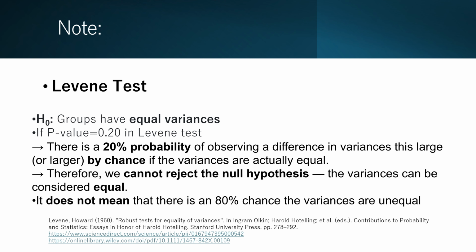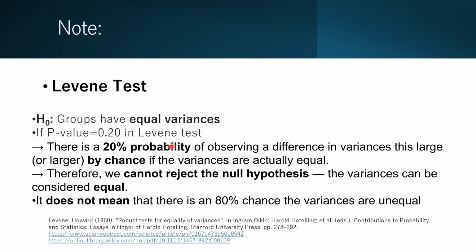Okay. Here is how we interpret Levene's test results. Suppose the test gives a p-value of 0.2. That means there is a 20% possibility of observing this difference in variance just by chance if the true variances are equal, so we cannot reject the null hypothesis.